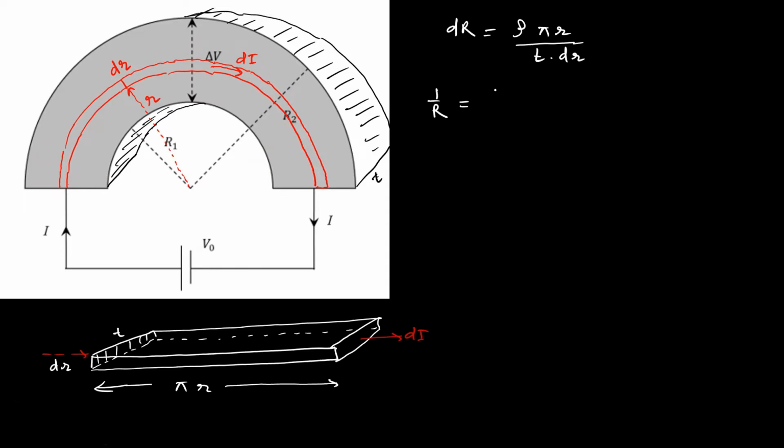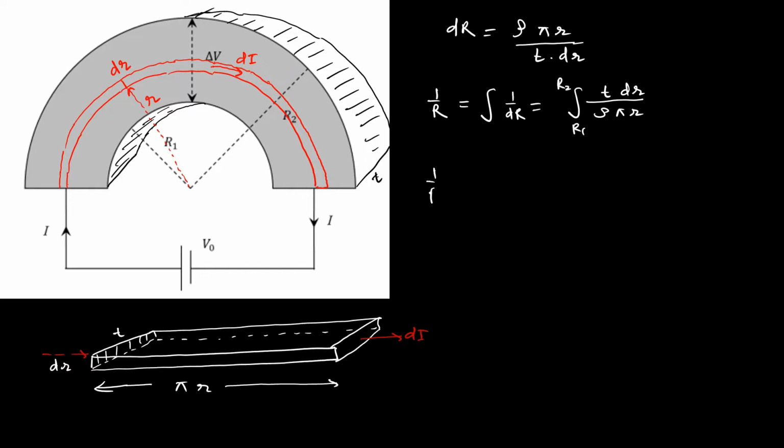So I can write this as the integration of 1 by dR, and putting the value of dR in this integration, that will be rho pi r, and T dr will go in the numerator. The limit of integration would obviously be from R1 to R2.